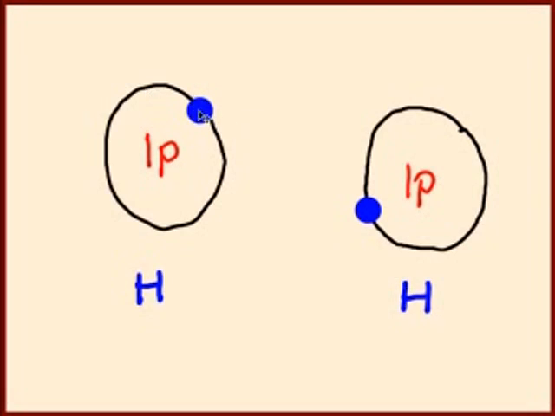This first atom, just as before, could lose this electron and become a hydrogen cation.